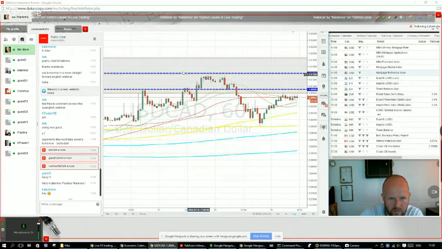Okay, so 1.31395, that's the level where I'm placing a limit order, and the expiry for this limit order is today's close.